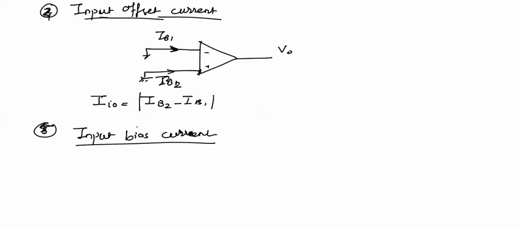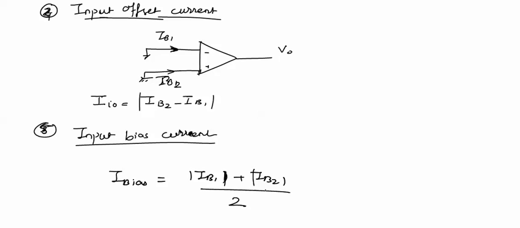Input bias current. We have already seen these two currents which are entering the input terminals of op amp. For this circuit, input bias current is defined as magnitude of IB1 plus magnitude of IB2 divided by 2. Average of these two currents is called input bias current. Input bias current affects the output when feedback is provided.